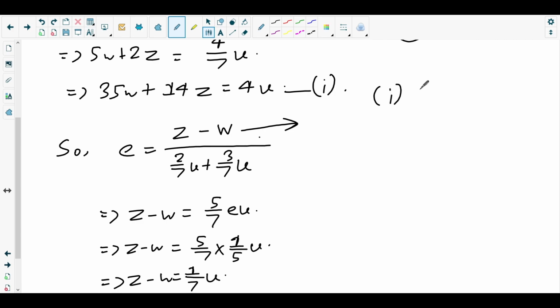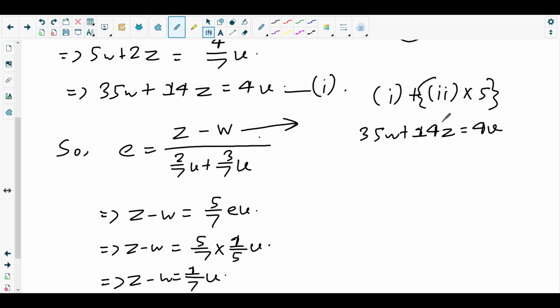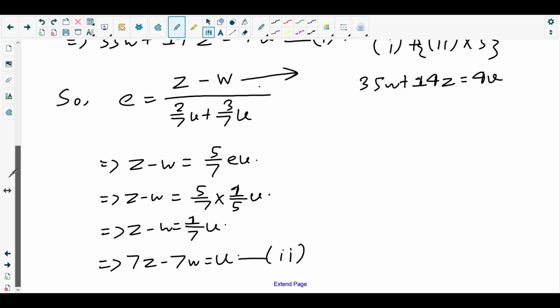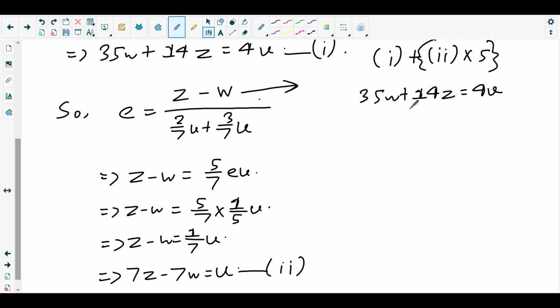If you do so, you will get 35W plus 14Z equals 4u from the first equation, and the second equation becomes 35Z minus 35W equals 5u, since we multiplied by 5.